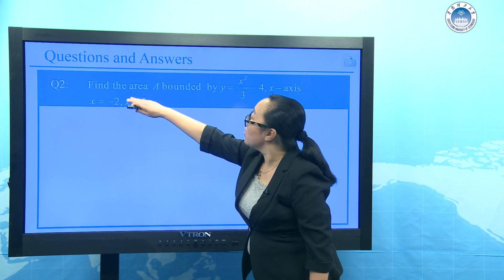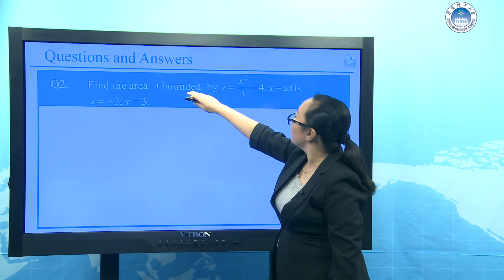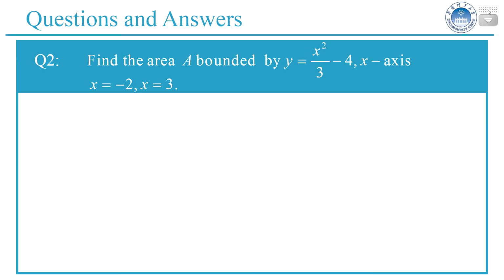Find the area A bounded by the curve y equals this expression and x equals -2 and x equals 3. Sometimes you don't need to draw the figure. We can compute the corresponding area directly. The area of the region equals the integral from A to B. Where is A?